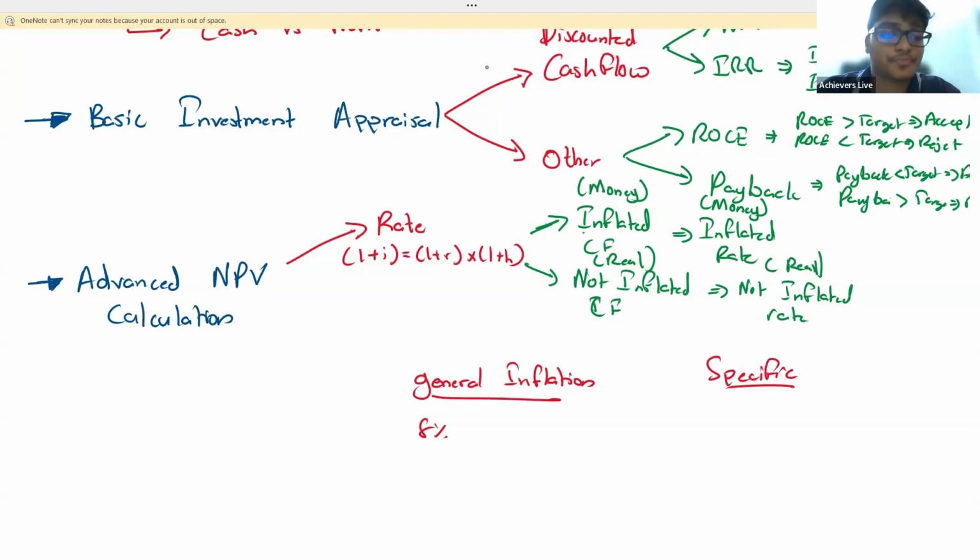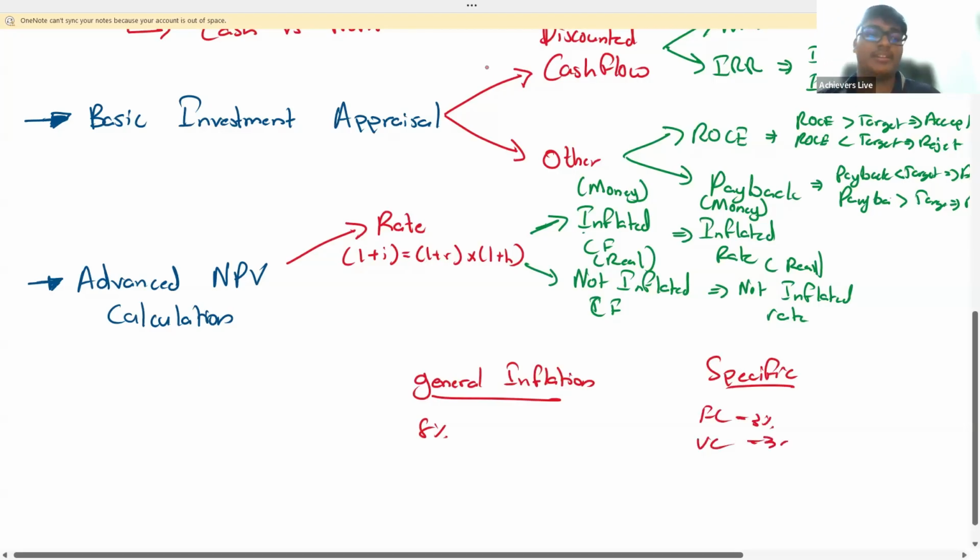What should you do? Let's say specific inflation they have given for fixed cost 5%, variable cost 3%, sales, whatever, different specific inflation. So should you use the money method or the real method?